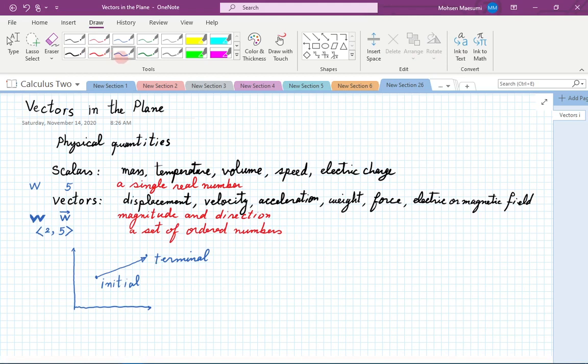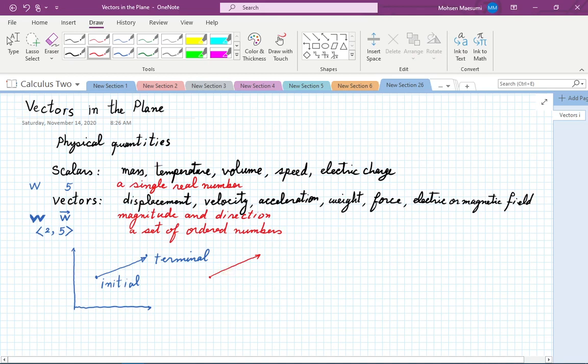If I start at a different place and go through the same displacement, I end up at a different terminal point. For our purposes, these two are going to be considered to be the same vectors. So two vectors are the same if they indicate the same displacement.